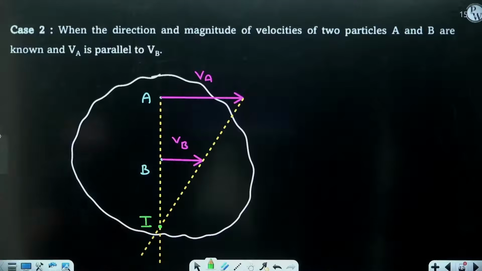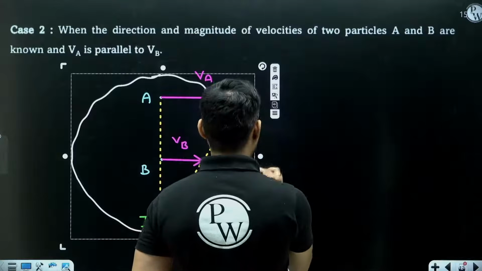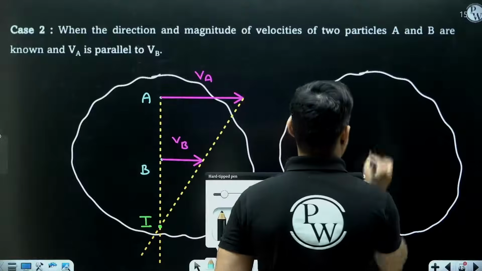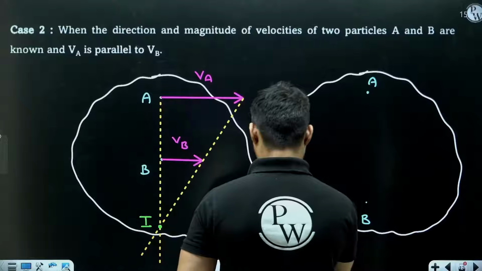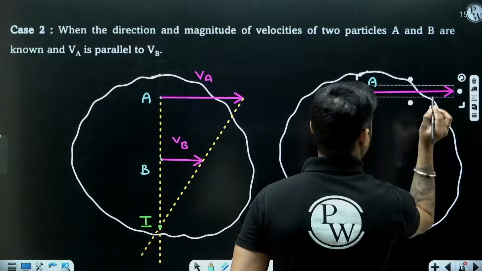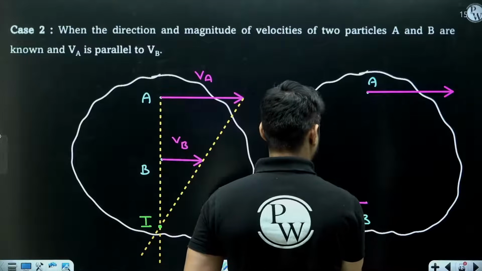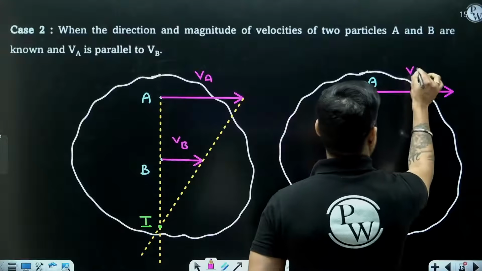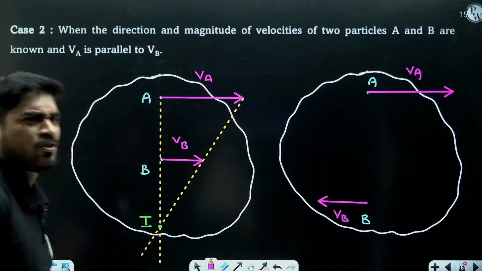Now, what if VA and VB are opposite to each other? Understand. Let's say this is A, this is B. Let's say VA is like this and VB is like this. Let's say both are opposite. Then also you do the same thing, na?